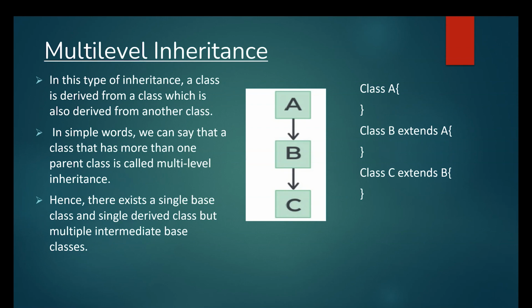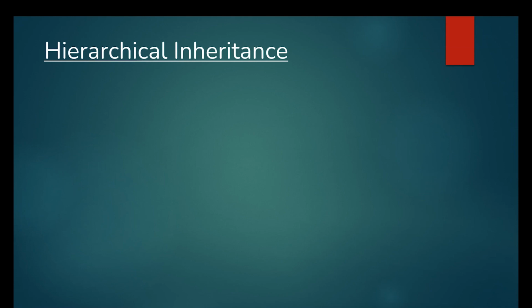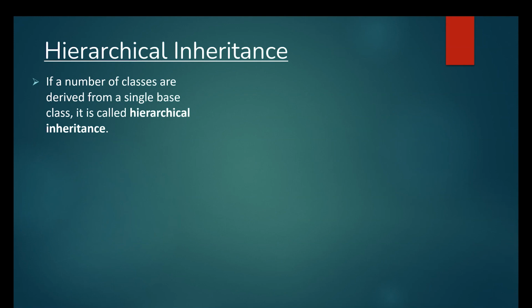Now let us move to the next type of inheritance, that is hierarchical inheritance. As explained earlier, hierarchical inheritance is a kind of inheritance where the base class is one, but derived classes are multiple. What does it mean? It means there will be one parent class, and that parent class is being extended by multiple classes.